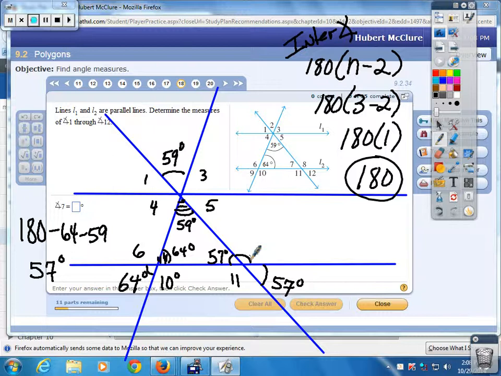Well, it will be angle 11 whenever you find this one. 123. Yes or no? Why? Yes, because 180 minus 57. So angle 11 is 123.